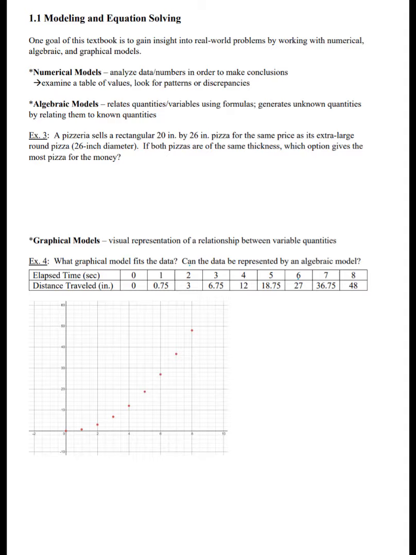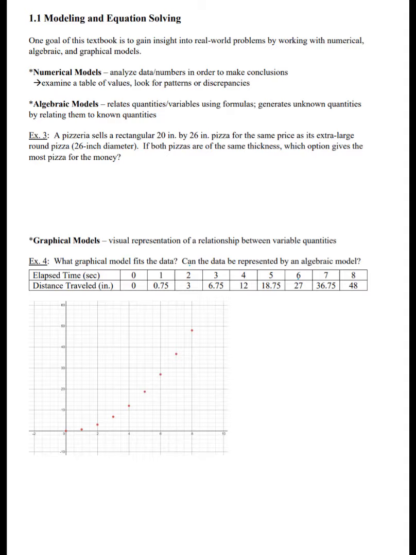So this would basically just present itself as a bunch of data that you look over and try to make some conclusions. So often it'll be in the form of a table of values. You look for patterns within those values or any kind of discrepancies, maybe numbers that don't really fit the rest of the data, like outliers, things like that.